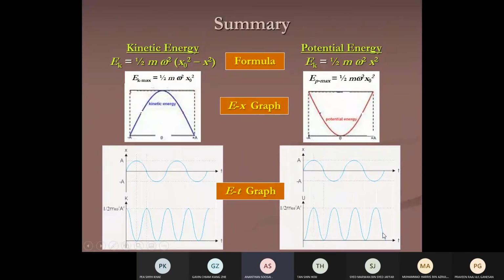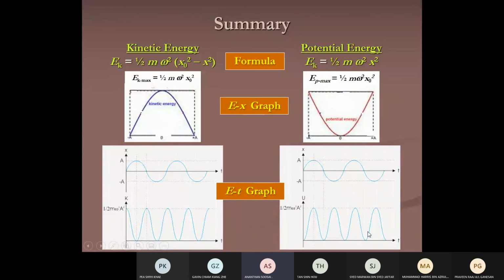If kinetic energy is a cos squared graph, potential energy in terms of time will be what graph? Anybody can predict? Sine squared. It would be a sine squared graph. Opposite lah. Kinetic drops by 1 joule, potential should rise by 1 joule. If kinetic is a cos squared graph, potential is going to be a sine squared graph.